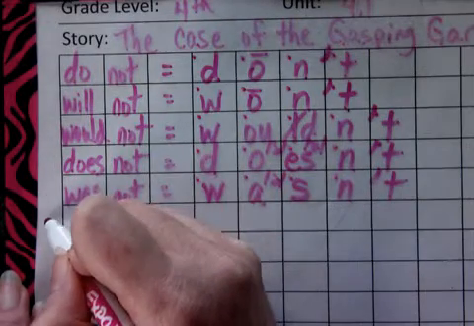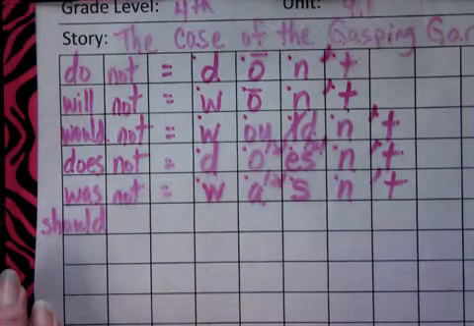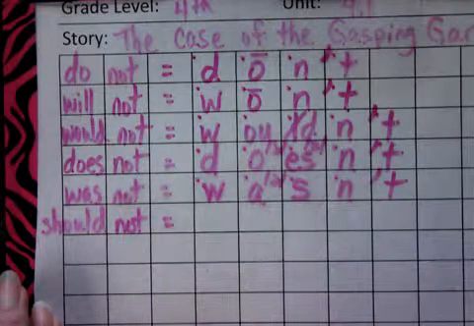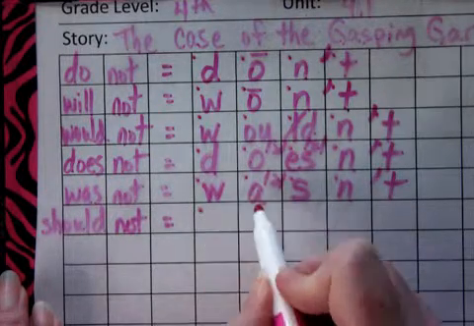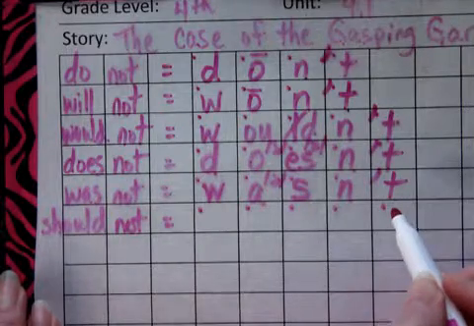Alright, I'm going to have to get extra space. It's a long word. Should and not. The only change is we're going to drop that O in not. Shouldn't. Sh, d, n, t. Let me scoot this up for you. There we go.